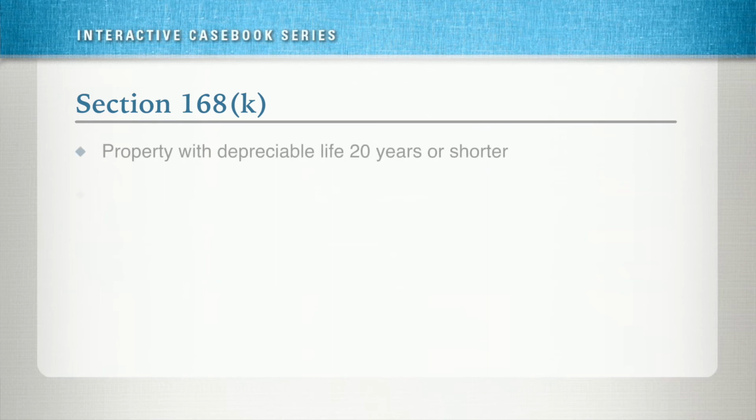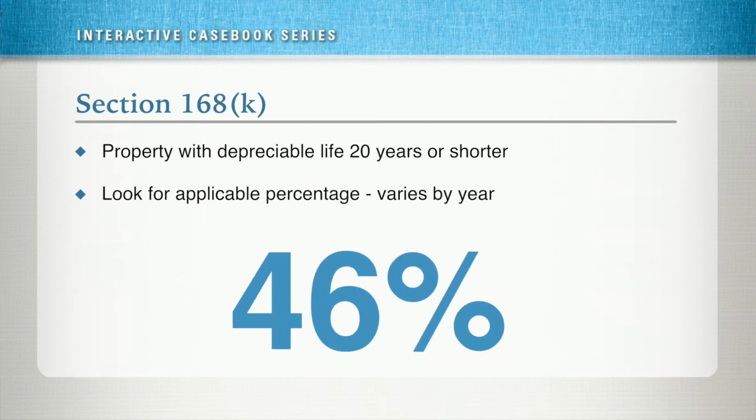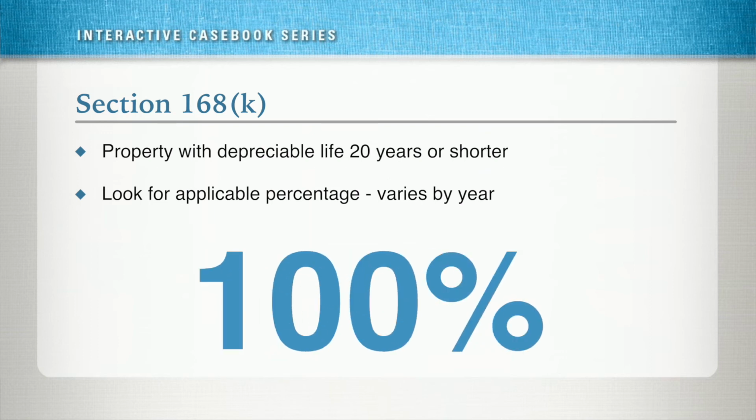Congress has also provided for a more immediate deduction of an asset by providing for bonus depreciation. Section 168(k) provides for bonus depreciation for any tangible property with a depreciable life of 20 years or shorter. Bonus depreciation has been set at different levels over the years, but for the first time, the Tax Cuts and Jobs Act provides for 100% bonus depreciation.